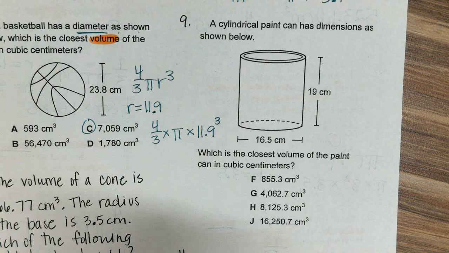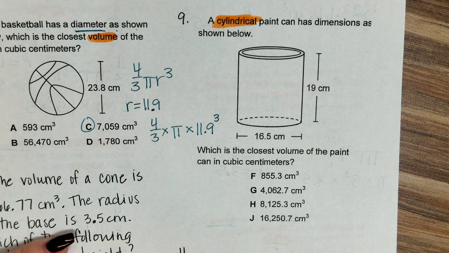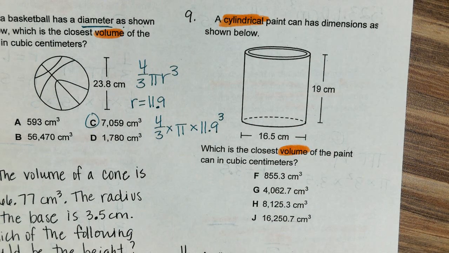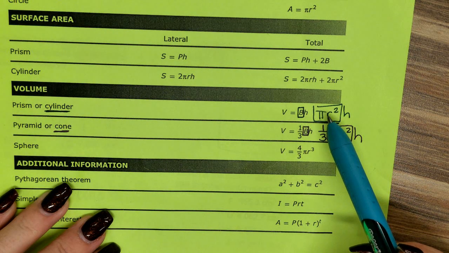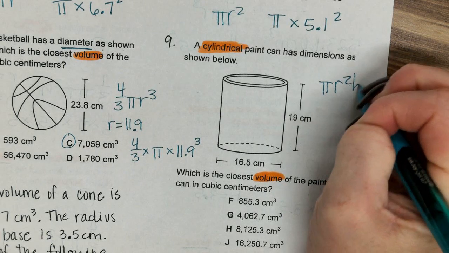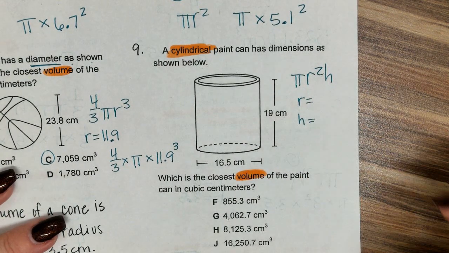Number 9. A cylindrical, that was your clue word. Cylindrical means cylinder. Which is closest to the volume? So I go to my star chart to volume of a cylinder, and I write down pi r squared h. To use this formula, I need an r and an h.